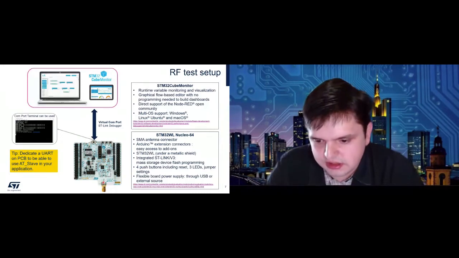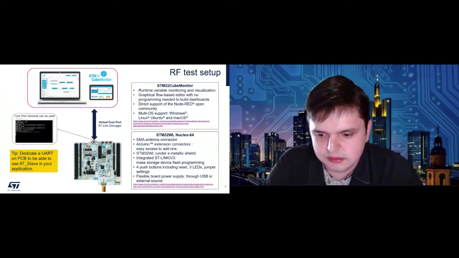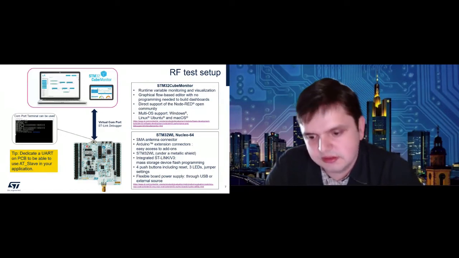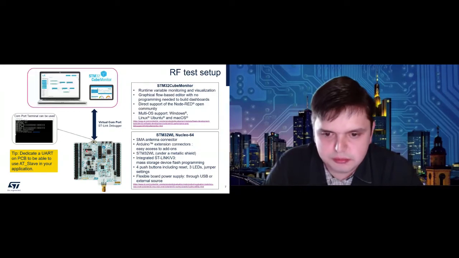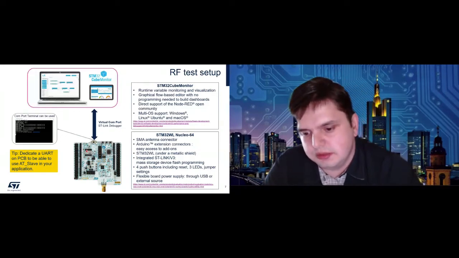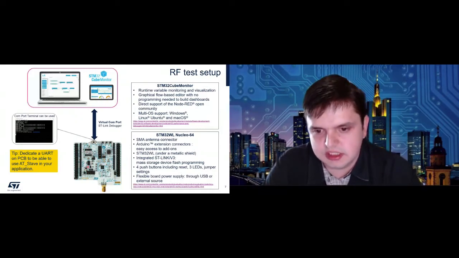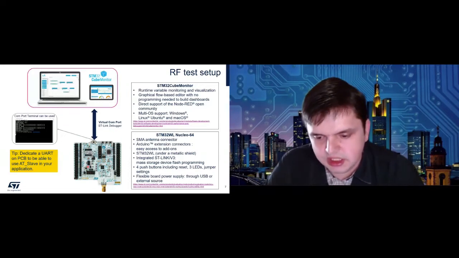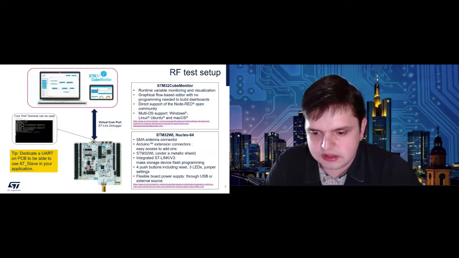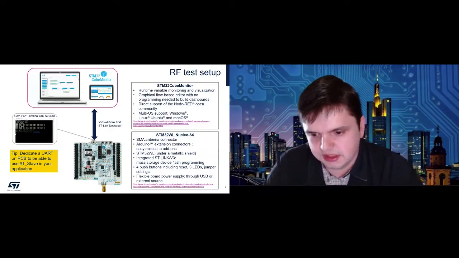Then there is the ST-Link, which is a debugger to load firmware into the WL, and also it acts as a virtual COM port. So you can simply hook the UART from the WL through the ST-Link and connect by USB to your PC, and the UART will act as a virtual COM port in your PC.